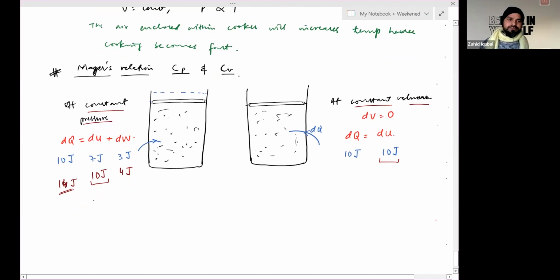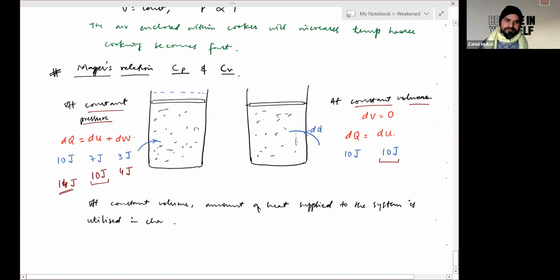So you'll say: at constant volume, the amount of heat supplied to the system is utilized in changing internal energy only.